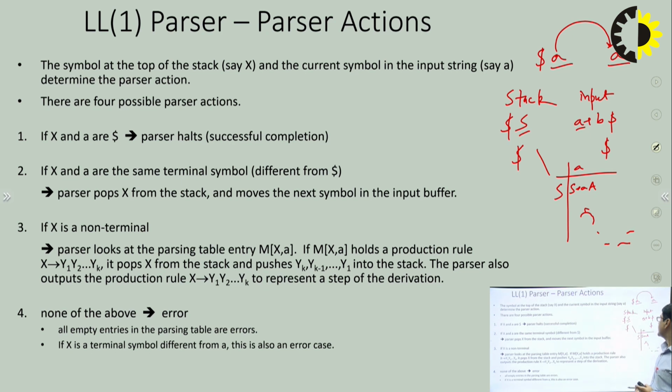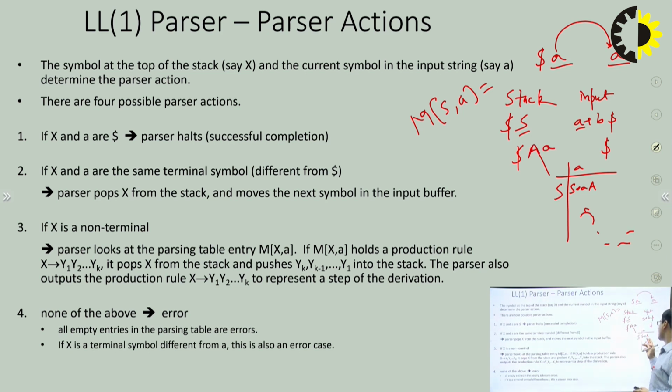The third situation: if X is a non-terminal like capital S and the current input symbol is small a, what do we have to do? We find the corresponding entry M[S, a]. Like here, S produces small a capital A. We place the right-hand side on the stack in reverse order.